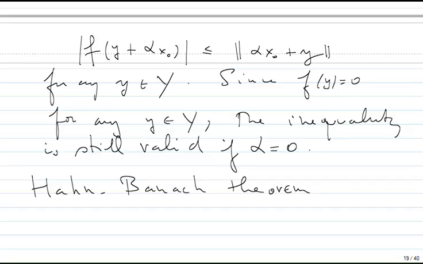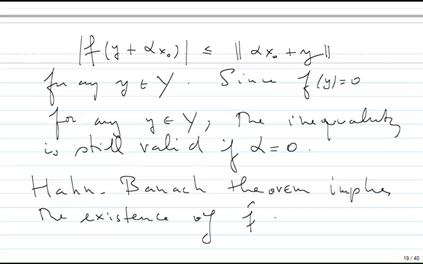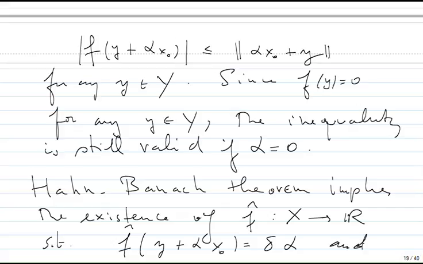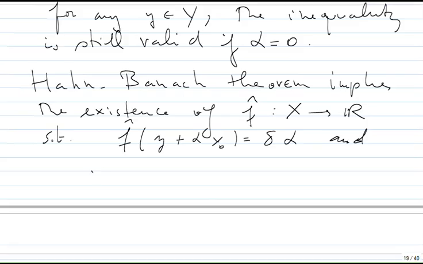Okay, this implies the existence of f hat from X into R such that f hat of y plus alpha x0 is equal to delta alpha, and the absolute value of f hat of x is less or equal to the norm of x.